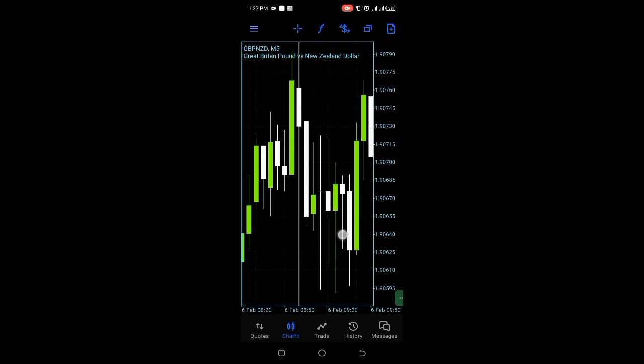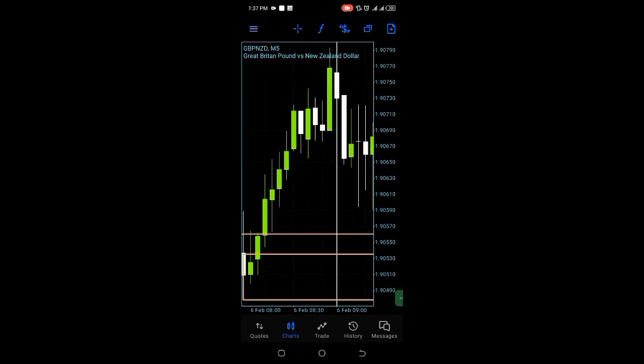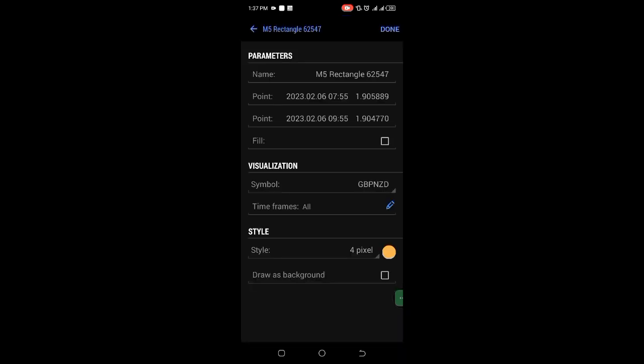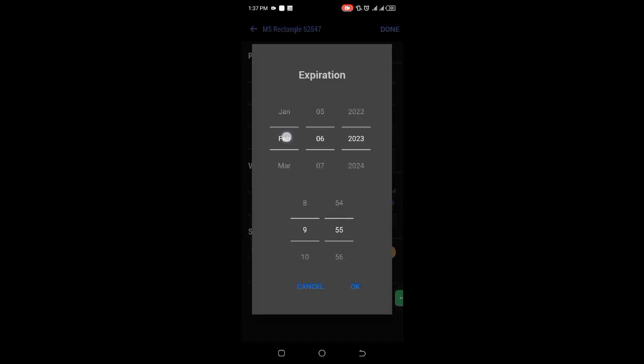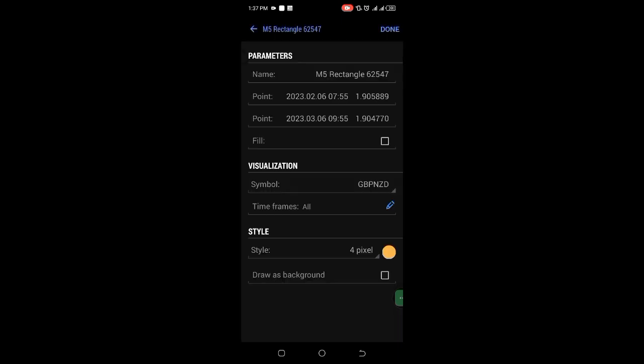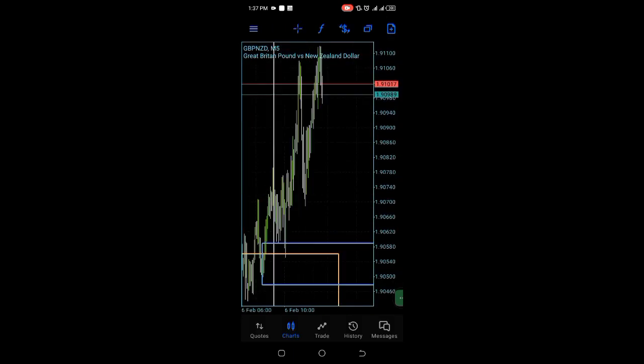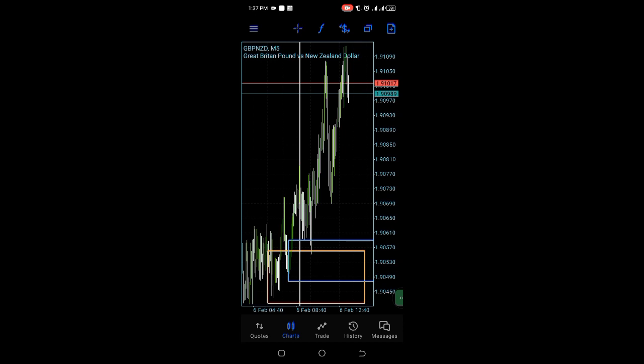But in this case price actually did not come back to test the body, as you can see. But if we had marked the zone week to week, you will notice that we had a move. Price came back to tap into that zone, and we would have had a nice entry at this point here.